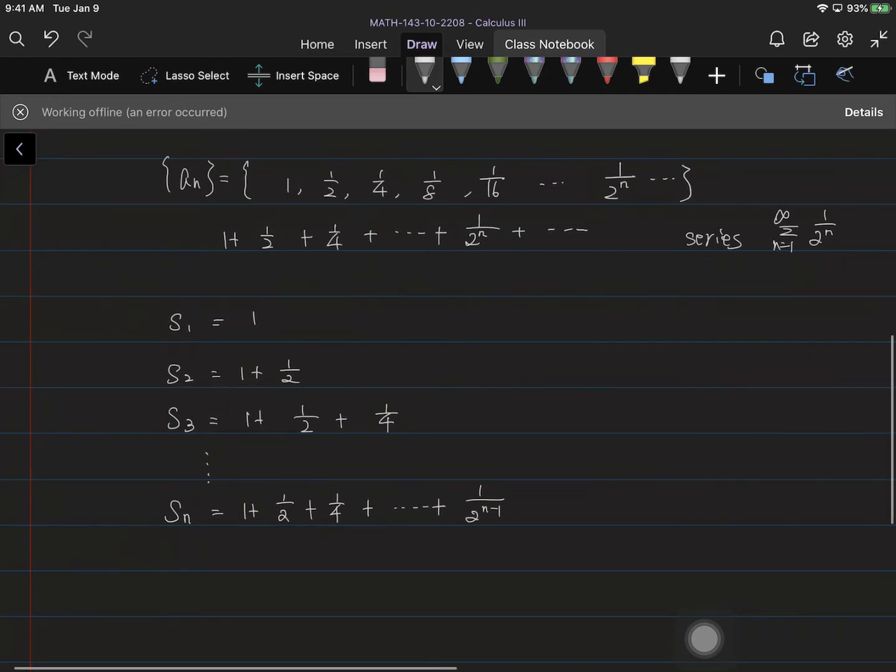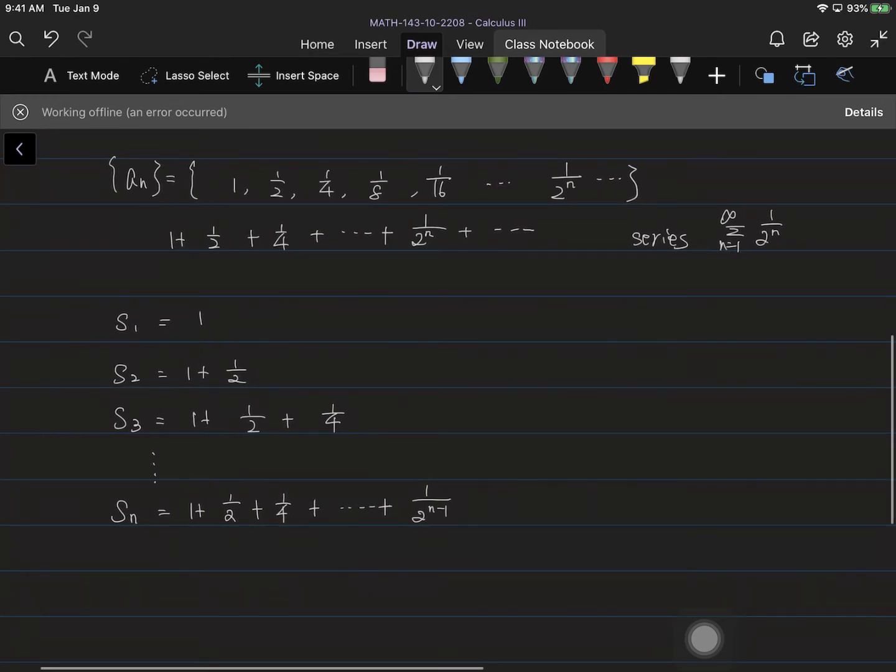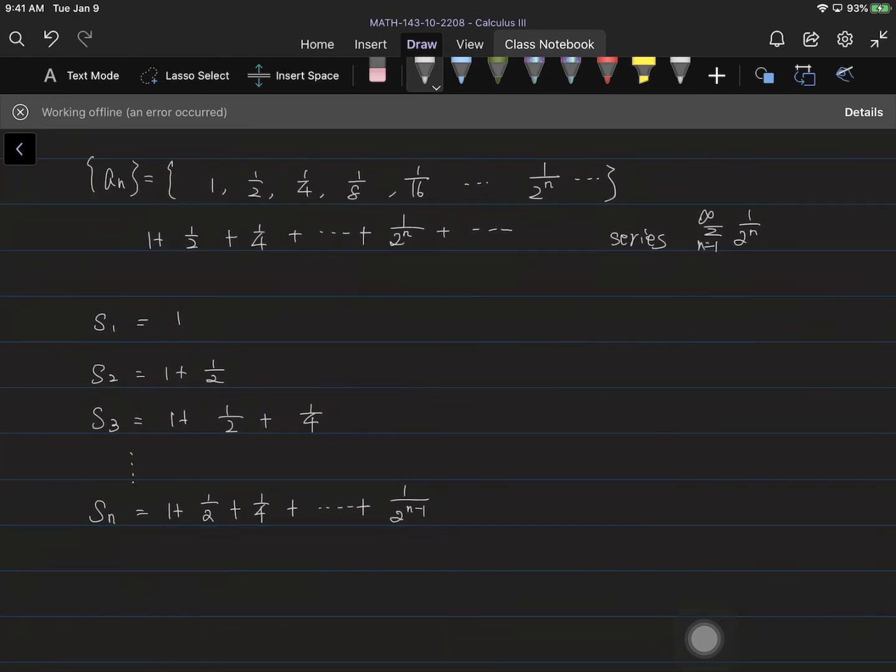Okay. Now let's see what the sums are. We are going to calculate the sum. S1 is 1. S2 is 3 halves actually. And S3, 7 over 4 if we calculate them. And the Sn is 2 to the n minus 1 over 2 to the n minus 1. Okay.